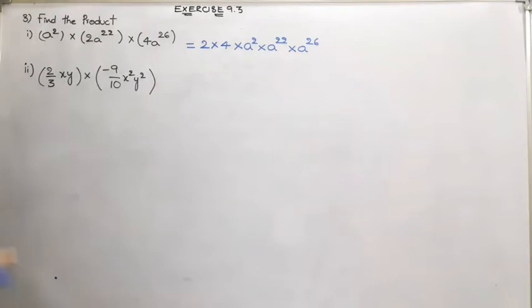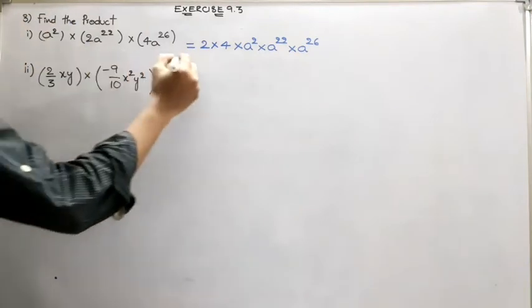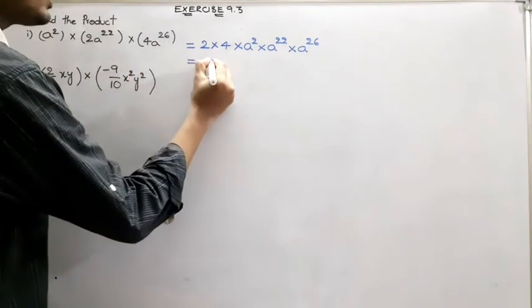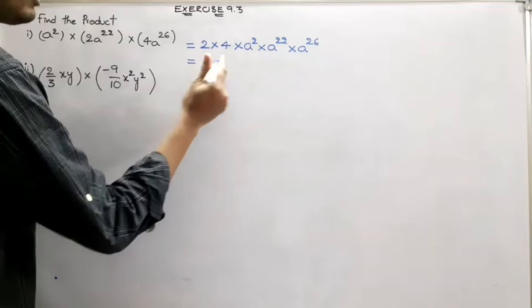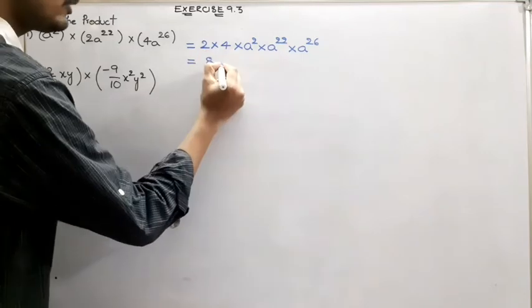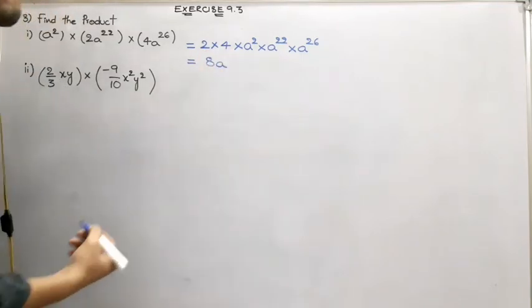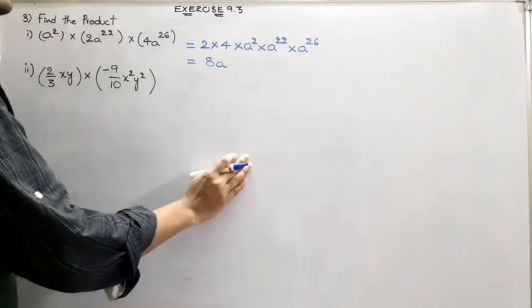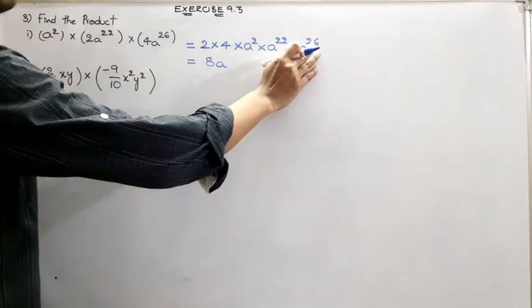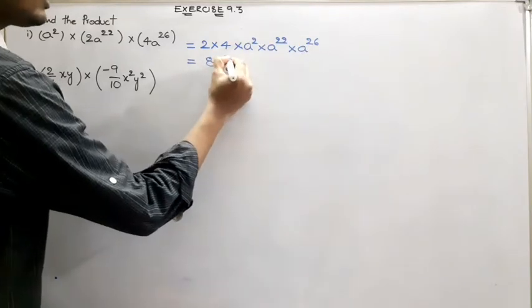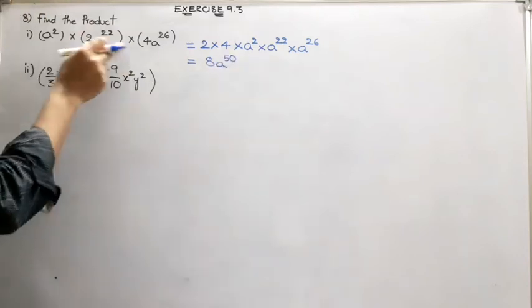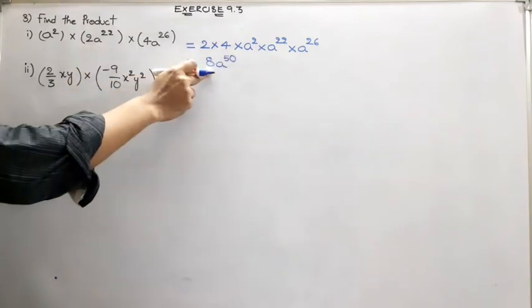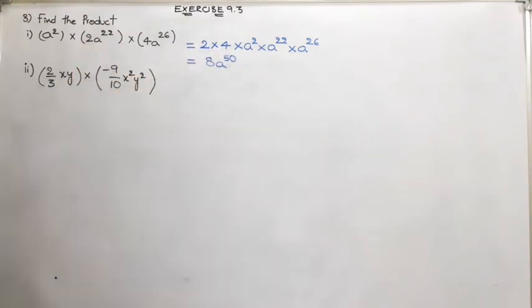So that is going to be 2 4s are 8. I am writing directly because you are quite confident with this multiplication so far. So 2 plus 22, 24. 24 plus 26, 50. So the product of the given monomials gives us 8a power 50.